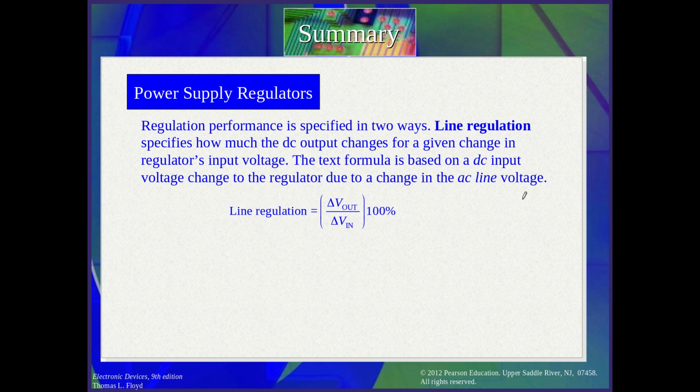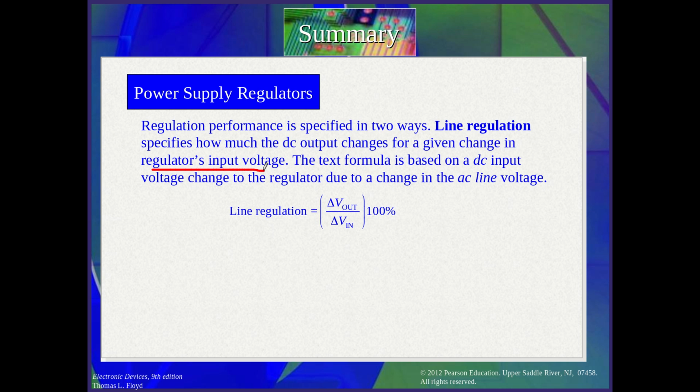Now let's have some definitions. Line regulation. Line regulation means the output voltage over the input voltage. It's a percentage of the output voltage to the input voltage. So it specifies how much the DC output changes if there is a change in the regulator input voltage.